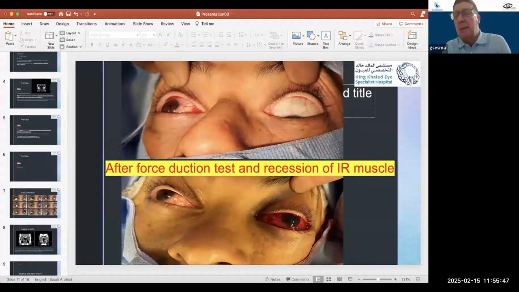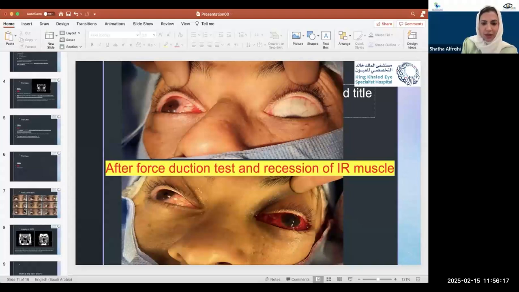If you suspect a long-term situation, probably the muscle is so contracted that the effect of Botox is not going to be effective. Something that you face in patients with long-term, for example, infantile esotropia, is that Botox failure is sometimes due to the contracture of the muscle. So in this case, I didn't consider it as a first option. I decided to go for surgery immediately.